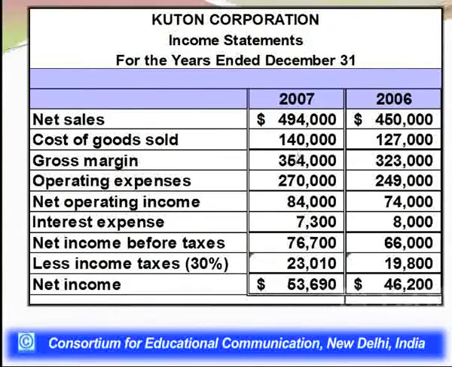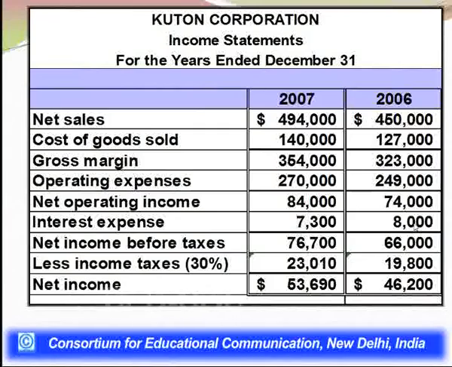So the difference of these two values, which is 354,000 and 270,000 in 2007 and 323,000 and 249,000 in 2006, the difference of these two is coming out as 74,000 and 84,000 respectively for 2006 and 2007, and this is known as operating income. So moving forward, if we subtract interest expense out of this operating income, the difference we get is net income before tax.